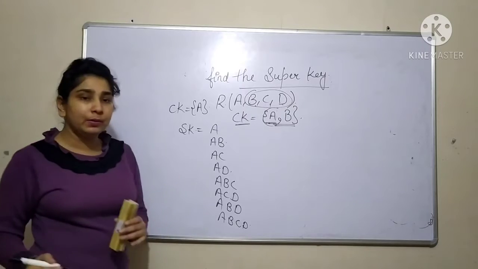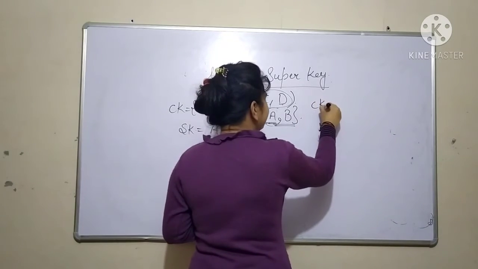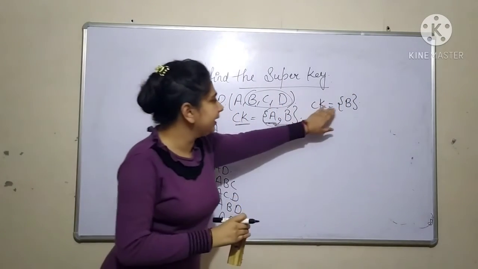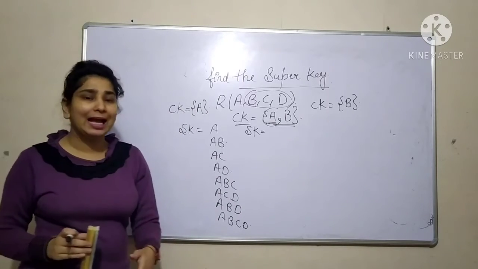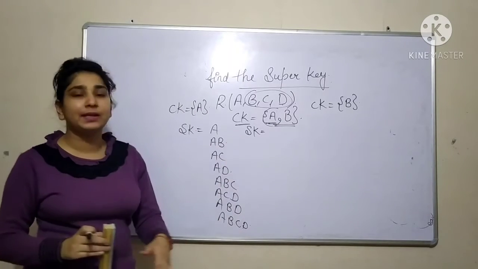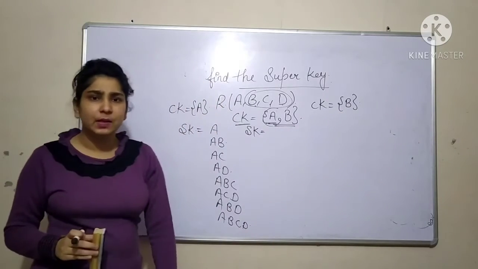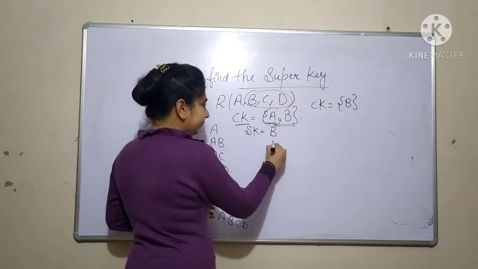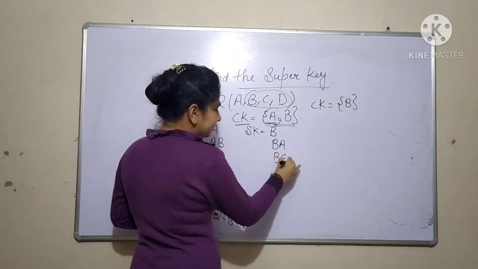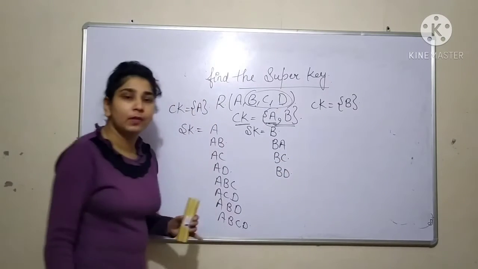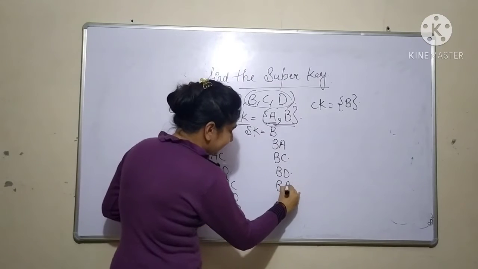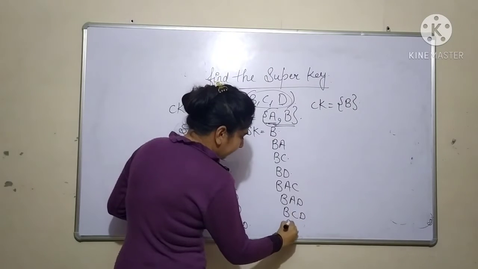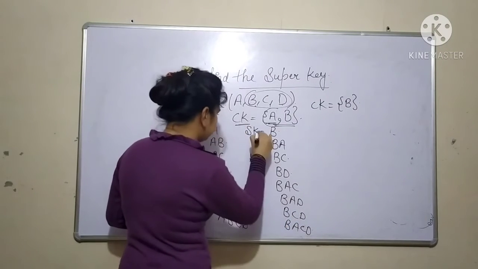Now let's assume that we have a candidate key B. We have to find the total number of super keys if the candidate key is B. Now find the super keys: B, BA, BC, BD, BAC, BAD, BCD, BACD.